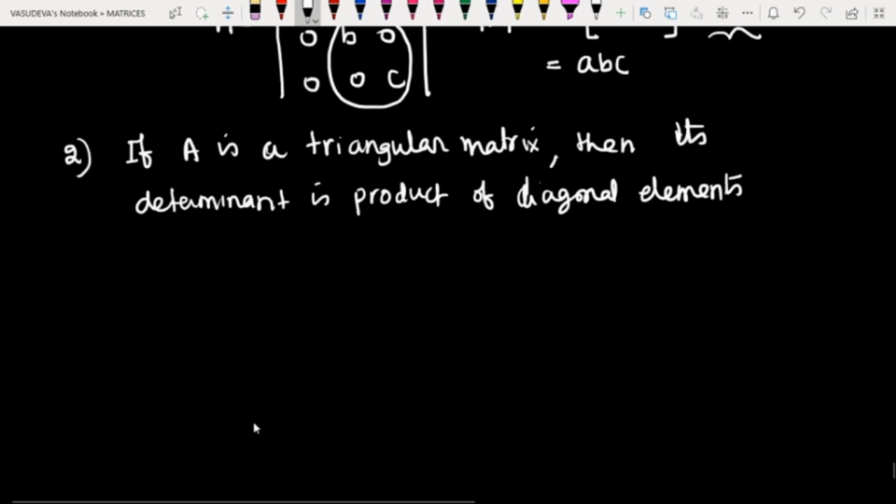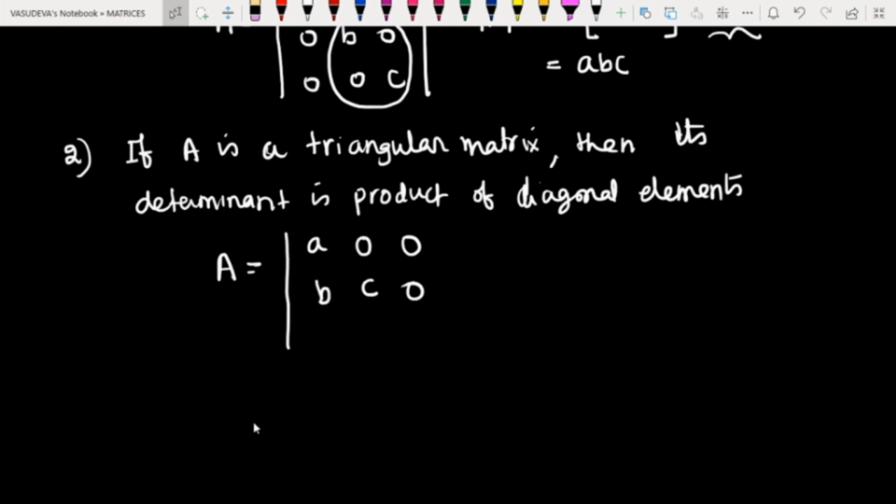Now consider the determinant of the triangular matrix. Let us take a lower triangular matrix: A 0 0, B C 0, and D E F. So this is the lower triangular matrix. When we expand this again, taking along row 1, A into, we are expanding.